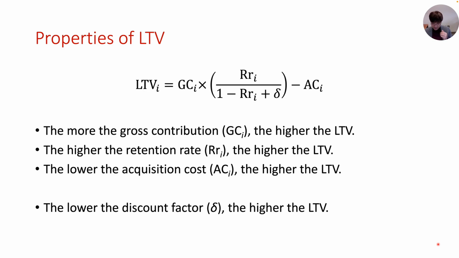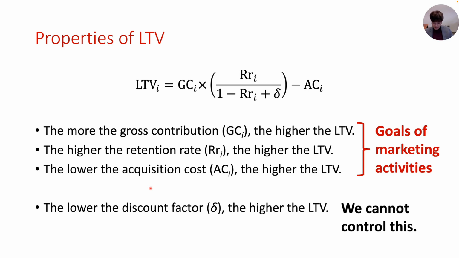So, if it is low, the rate of discounting is low and LTV becomes high. Please note that firms cannot control the discount factor. It is given by the market and other environmental factors.